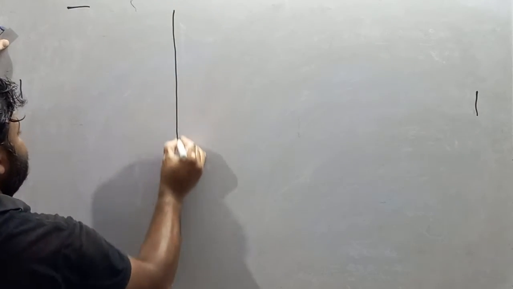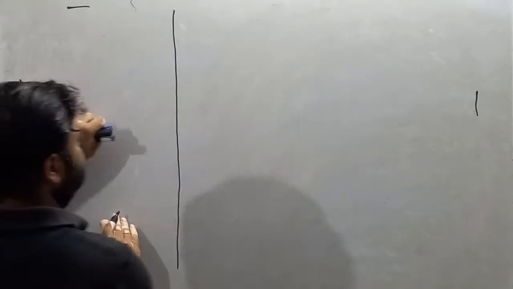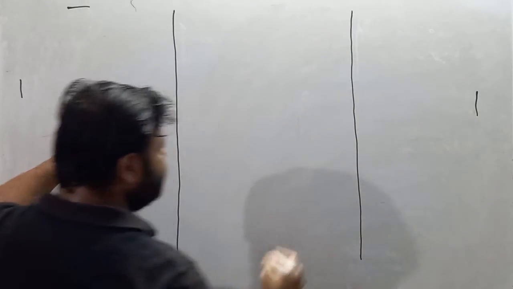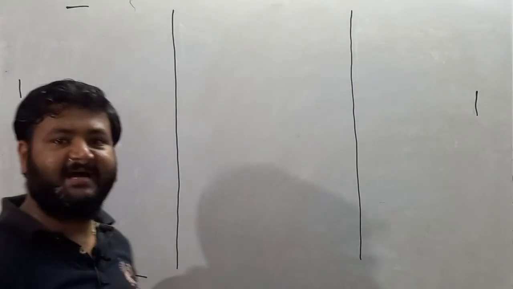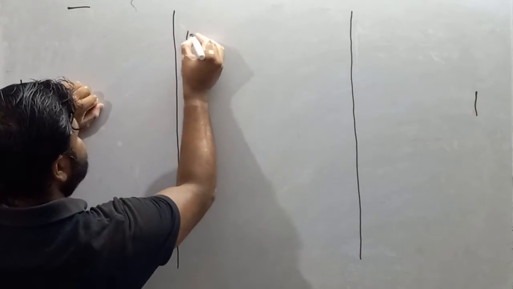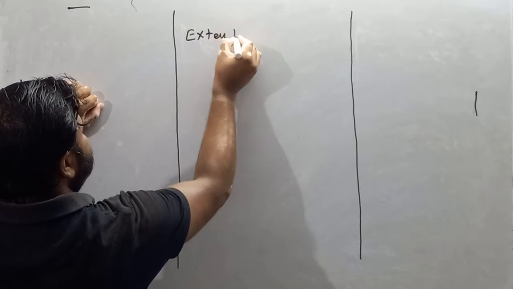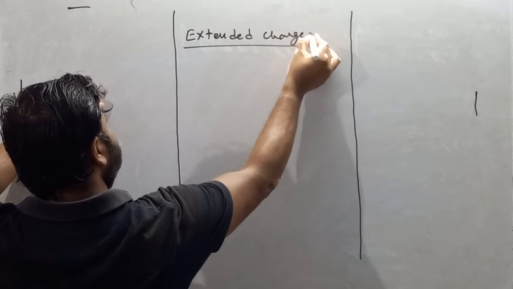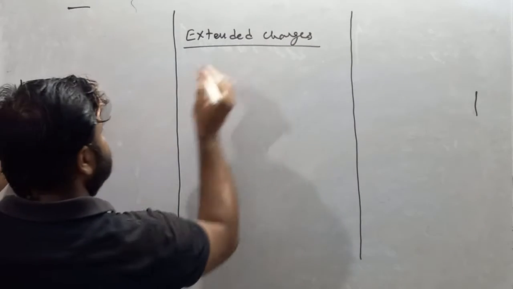It's your 8th lecture. In the last lecture, dear student, we were talking about extended charge and its types. I already discussed that there are three types of extended charge.